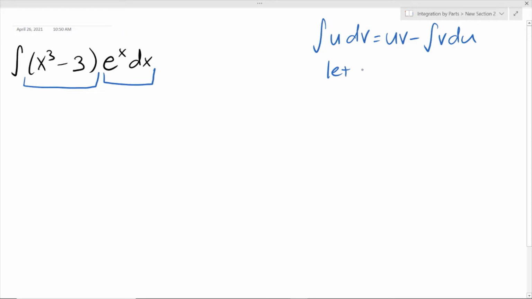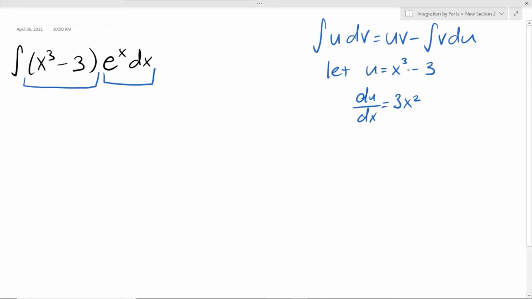So let's say we let u be equal to x cubed minus 3. Our du over dx, the derivative, is going to be 3x squared, using the power rule. And 3x squared is simpler than x cubed minus 3, because the exponent becomes 2 instead of 3, it goes down.